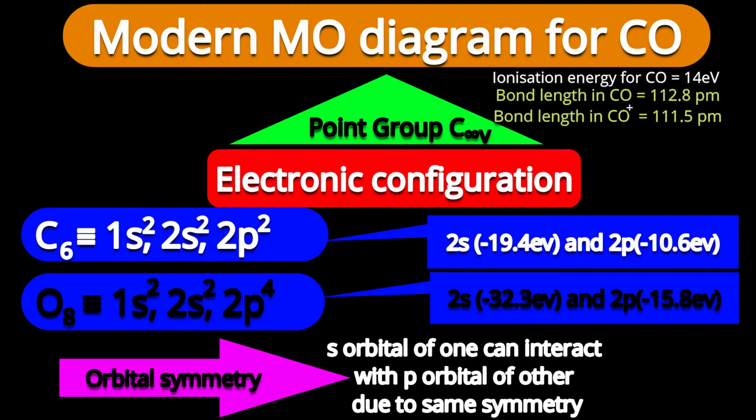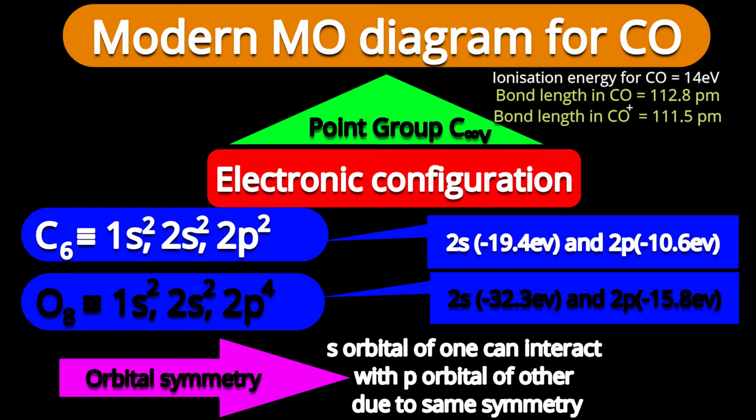The main point is about bond length. The bond length of carbon monoxide is 112.8 picometer, while for monoionized carbon monoxide it is 111.5. It is decreasing.